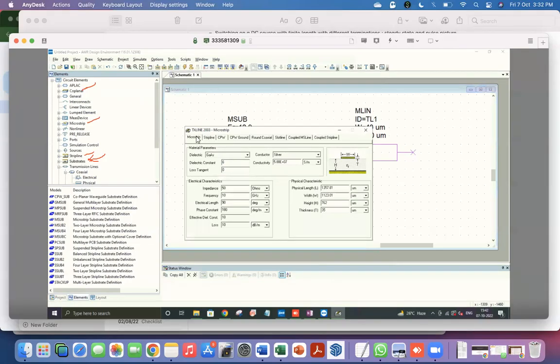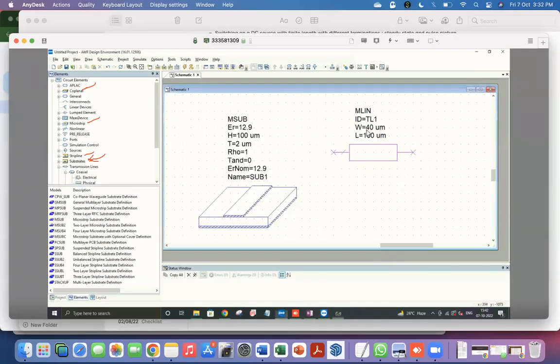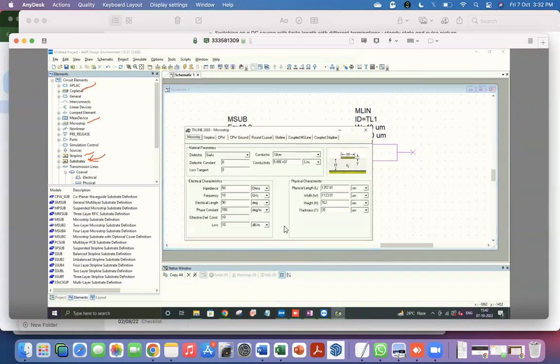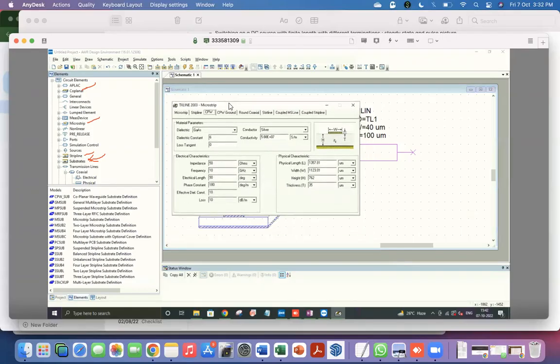What's going on with this thing? The arrows are not showing up. What's going on?